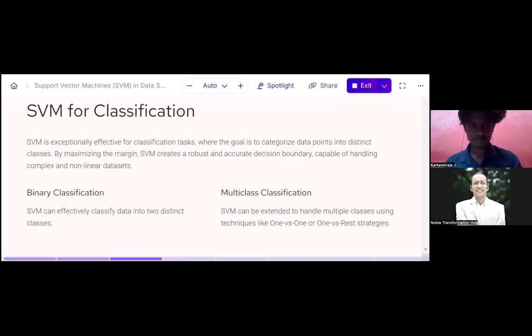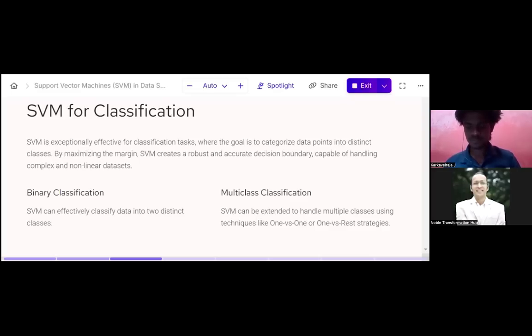By maximizing the margin, SVM creates robust, accurate decision boundaries, which is the main thing in SVM, so that it makes decisions, guys.